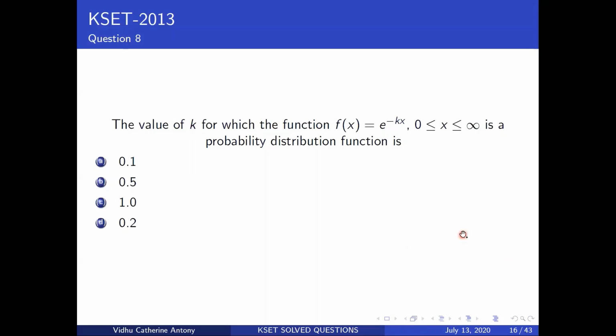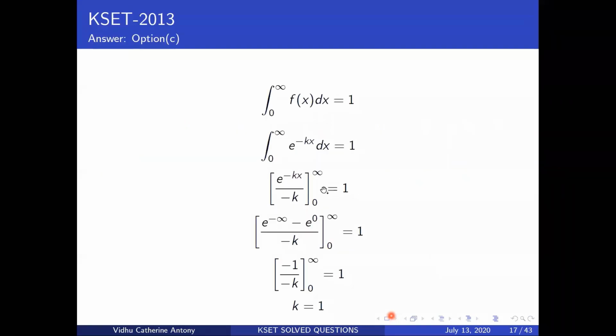When you're told it's a probability distribution function, what is the key point that comes to your head? The probability distribution function over all space, when you integrate it, is going to give you 1. So basically the thing to remember here is integral from minus infinity to infinity, or all space, of f of x dx is equal to 1. So integral from 0 to infinity of f of x dx is equal to 1. You substitute this and calculate it. Why 0 to infinity?